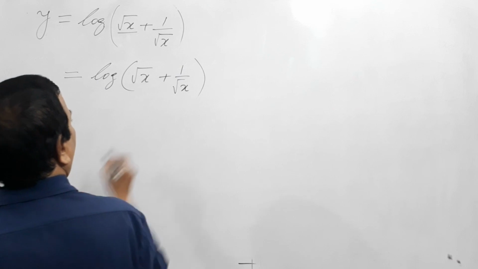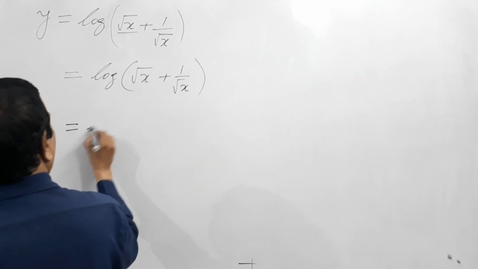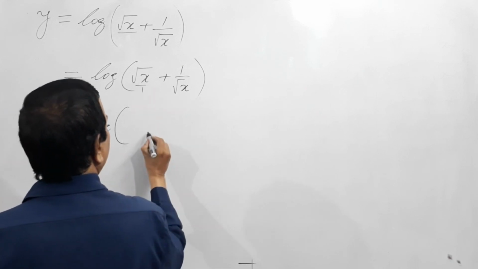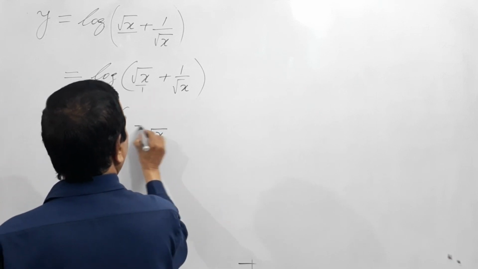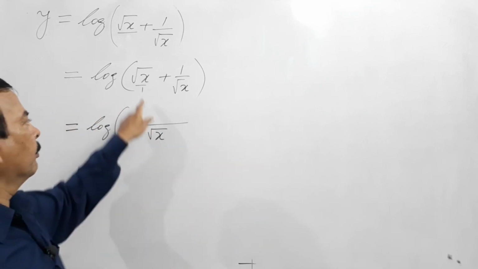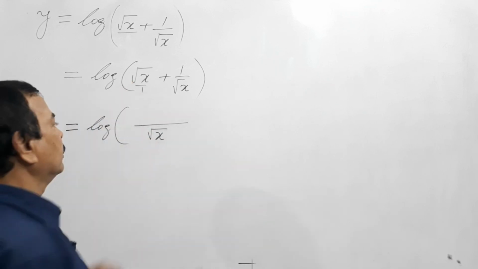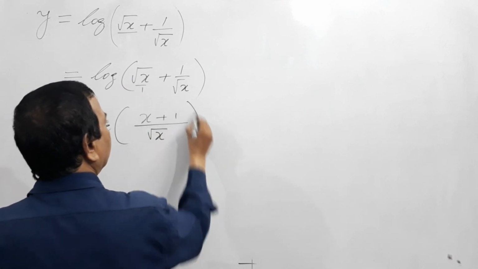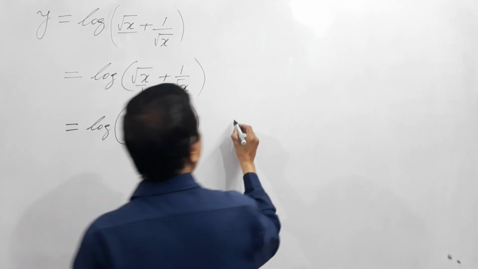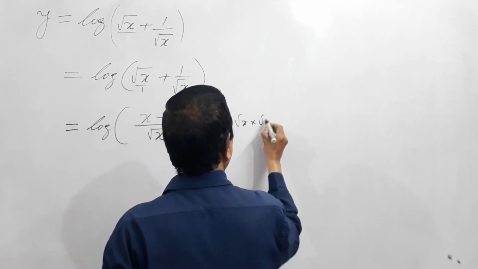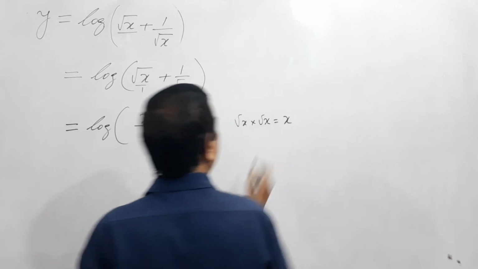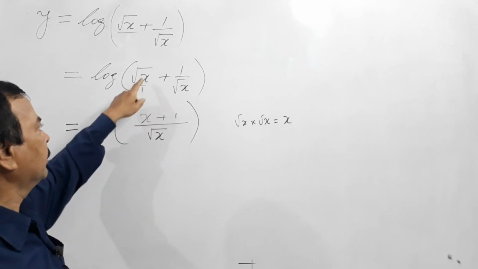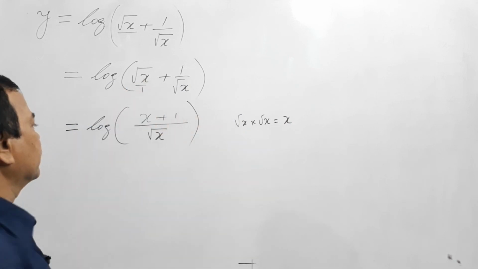So I'll take LCM, that is log of, I'll take this as 1, so root x is the LCM, so it goes one time, 1 into root x into root x, so that becomes x plus 1. How did you get this? Root x into root x equals x. Remember this. So we got this.